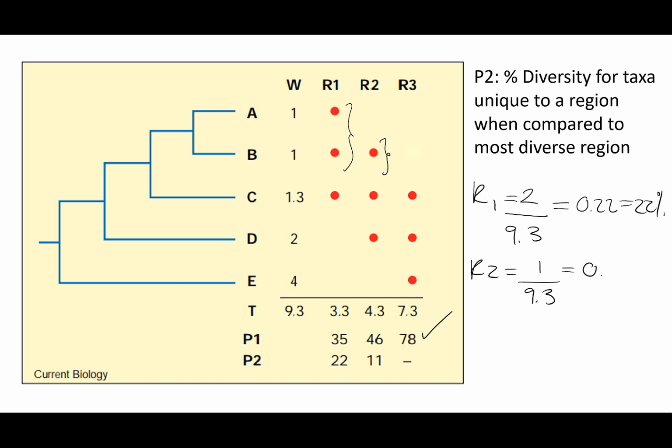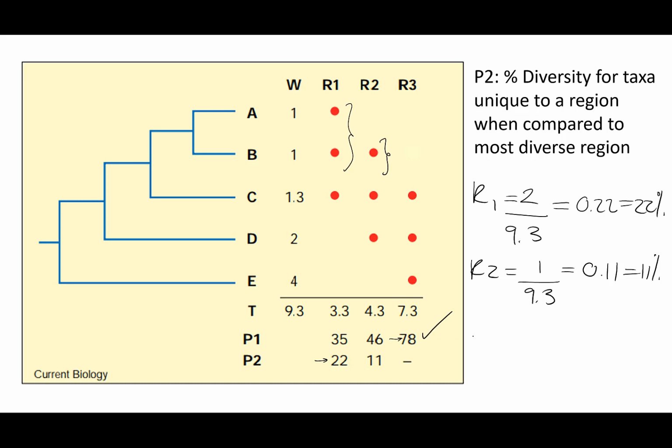That gives us a value rounded to about 11%. What this suggests then is that region 1 should get the second highest priority score. So region 3 gives us 78% of the taxic diversity. Region 1 gives us 22%.